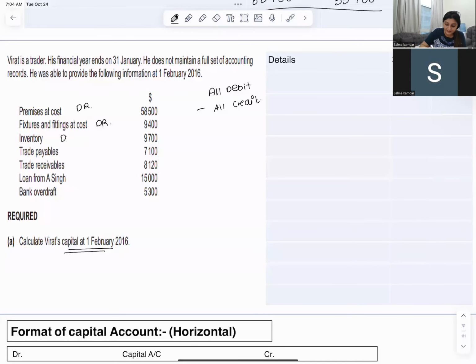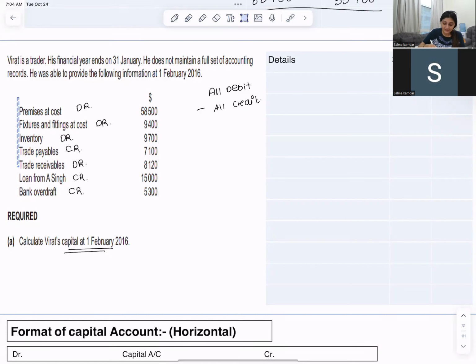Inventory, debit. It's a current asset. Trade payables is credit. Trade receivables is a current asset, debit. Any loan is credit. Bank overdraft, if you have withdrawn more money from your bank than what you have, is a current liability, credit.